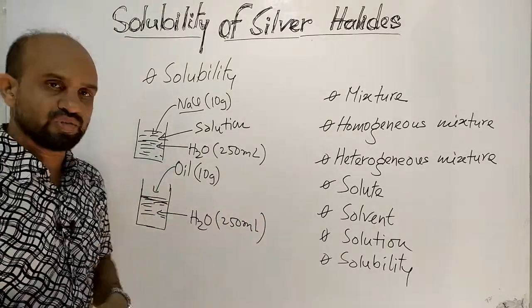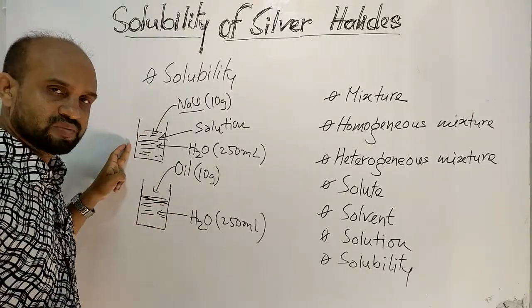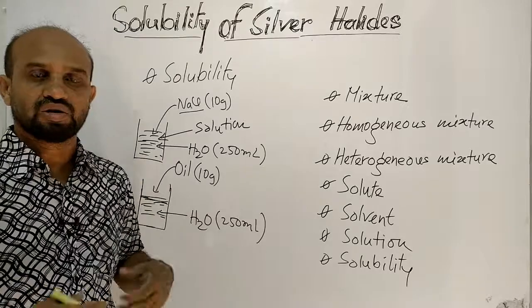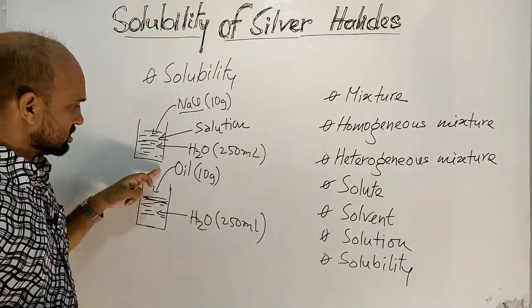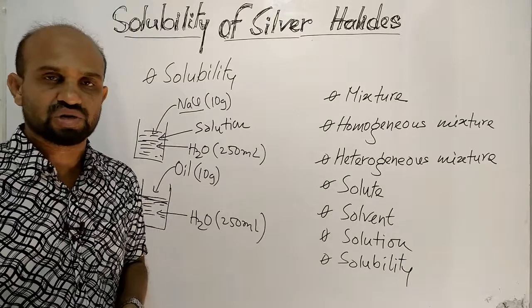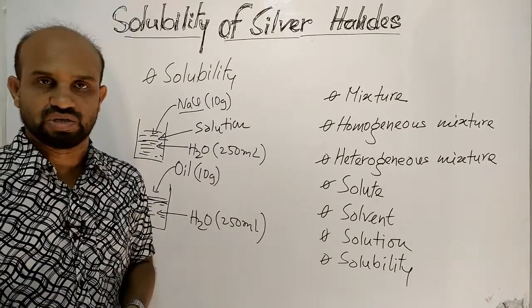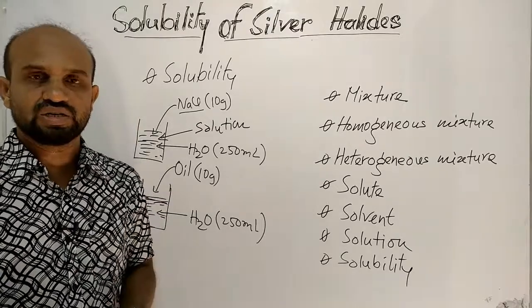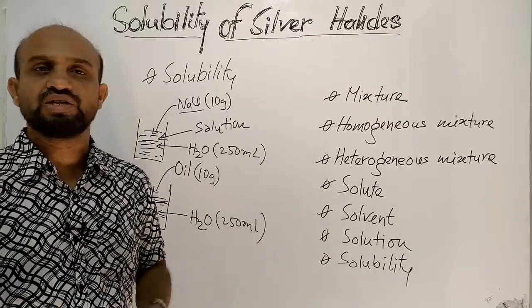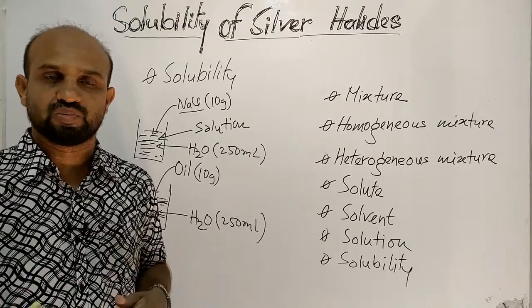Now the solubility. Sodium chloride mixes here with water completely, but in this case oil doesn't mix with water at all. So this matter is called solubility, and solubility is defined as the ability of a substance to mix with other substance completely.